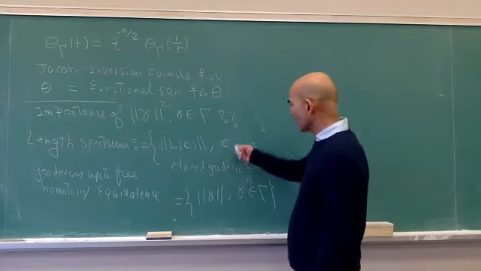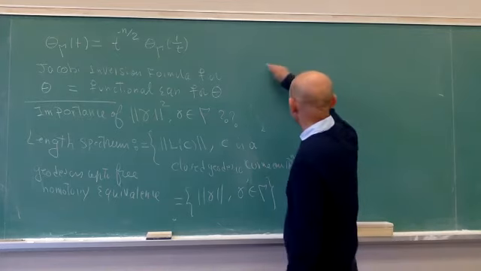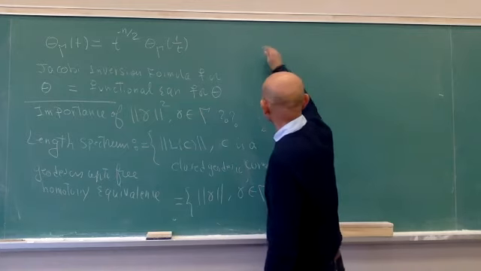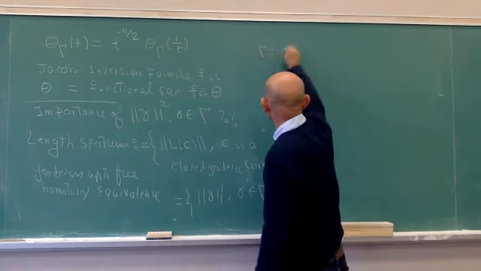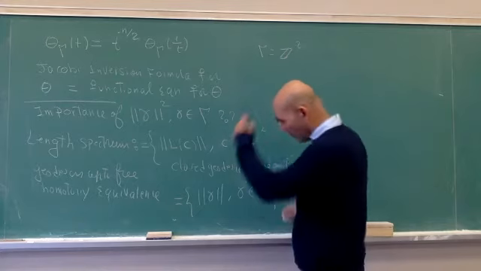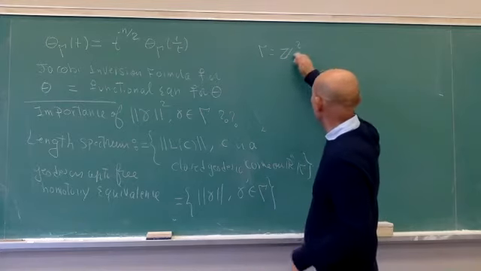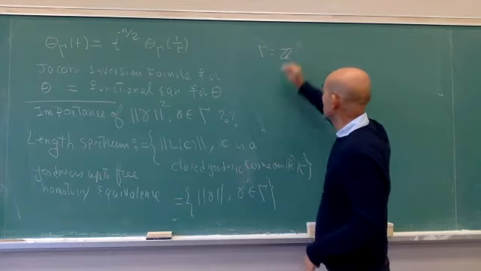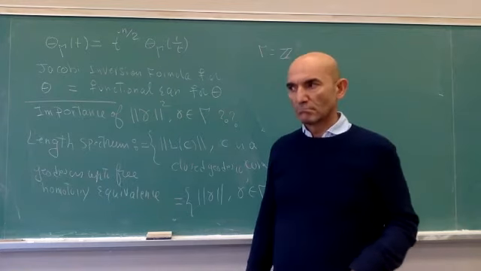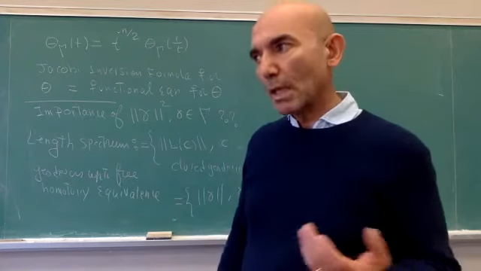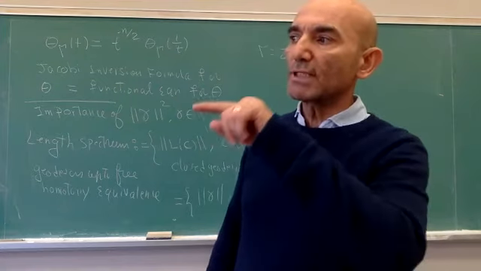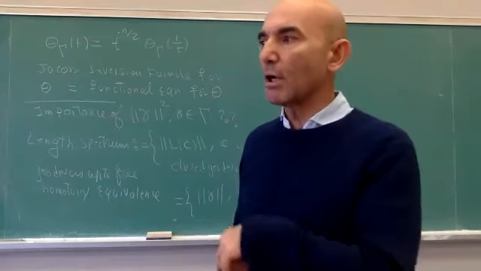So why is that the case? Well, let's look at the case gamma equal to, for example, Z. What are the closed geodesics of the circle up to homotopy?